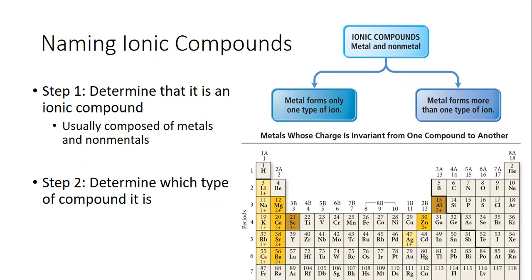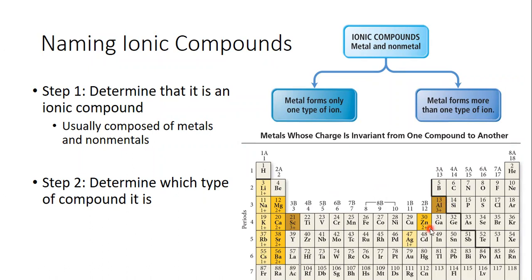And so you might be asking yourself, what types of ions only have one charge, right? And we talked about this before. So any metal in the first column can only form a +1 cation. Anything in the second column can only form a +2 ion. Sc forms a +3 ion. Aluminum +3.